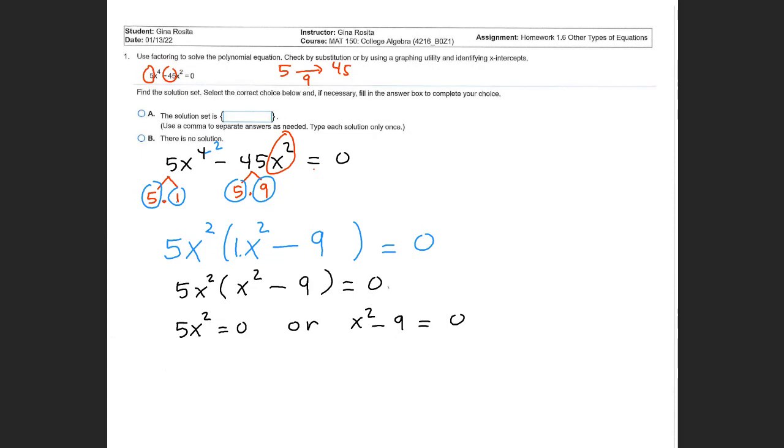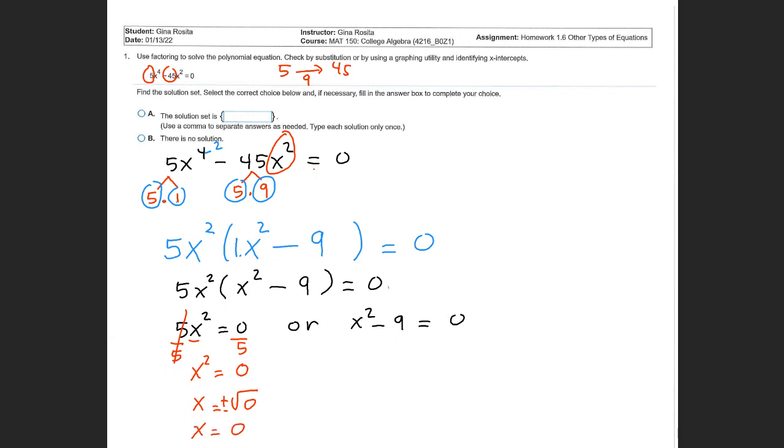I need x, so I divide both sides by 5. Cancel. So x squared equals 0 divided by 5, which is 0. So the answer is the square root of 0. I put plus minus, but because it is 0, the square root of 0 is 0.